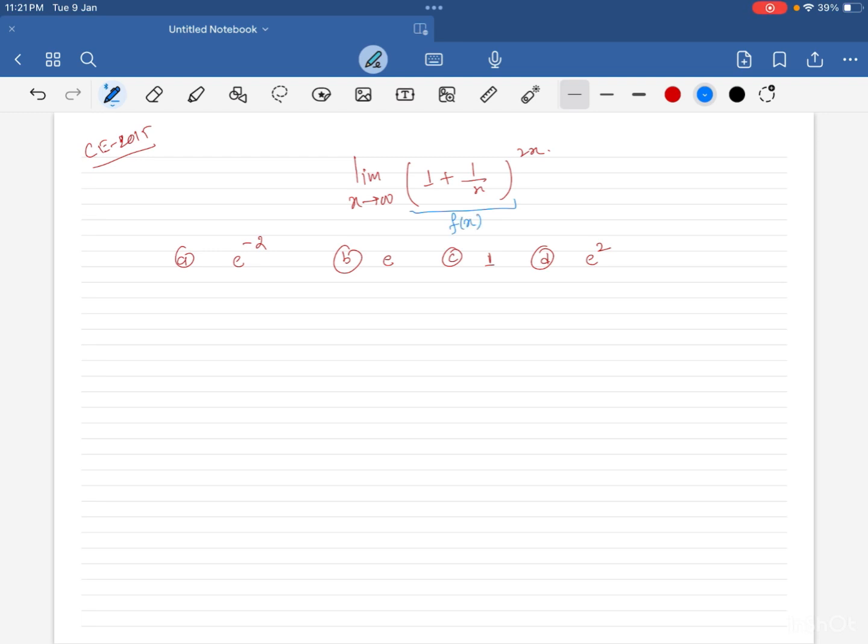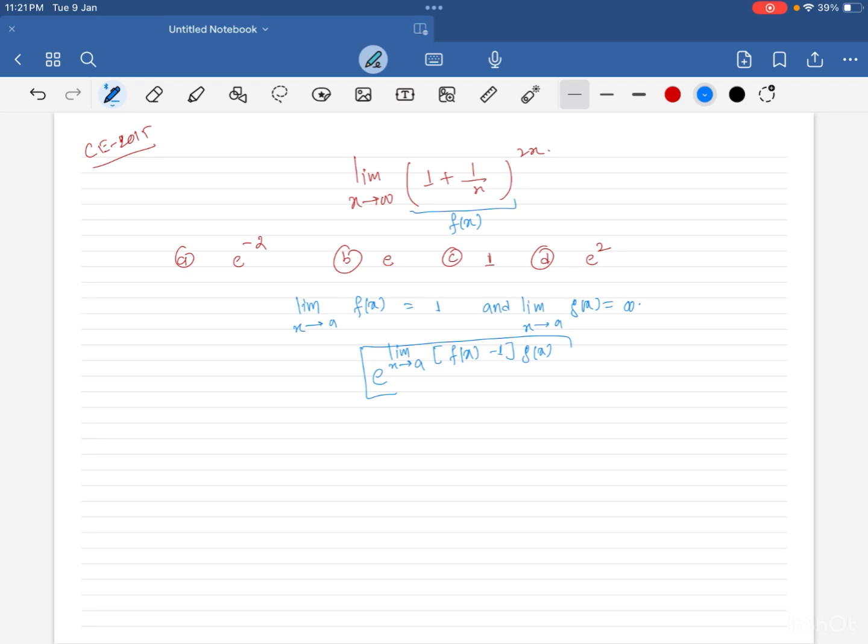So if limit x tends to a f(x) is equal to 1 and limit x tends to a g(x) is equal to infinity, then what you can use is e to the power limit x tends to a, f(x) minus 1 into g(x), right?